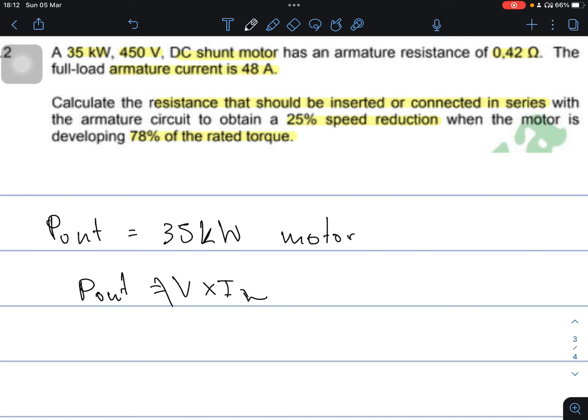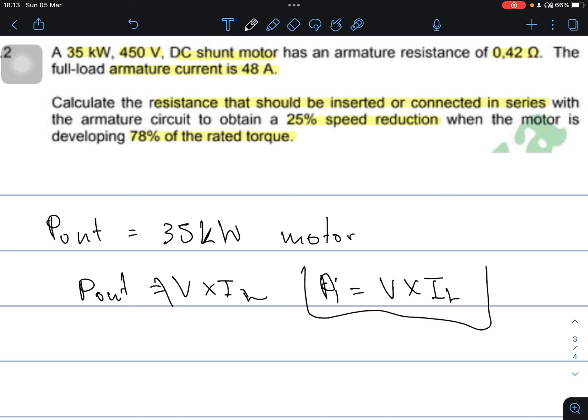No, guys, this is wrong. This is a motor, so the output power is not electrical. This formula belongs to power in, which is equal to V times IL, because the input power of a motor is electrical.